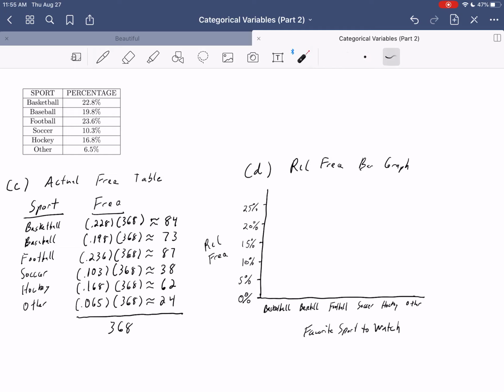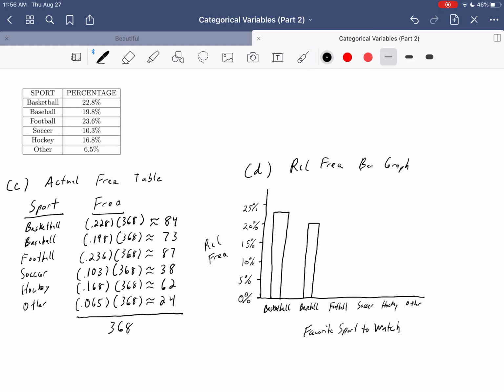So for the first one, we need the basketball one to reach a height of 22.8. 22.8 should be somewhere up here, somewhere between 20 and 25. Again, we just want to do the best job we can. So maybe something like about that. Okay, for baseball, we want to go to 19.8, which would be just below the 20%.